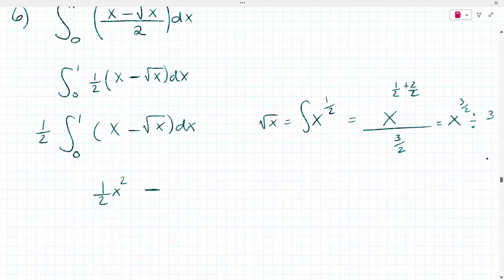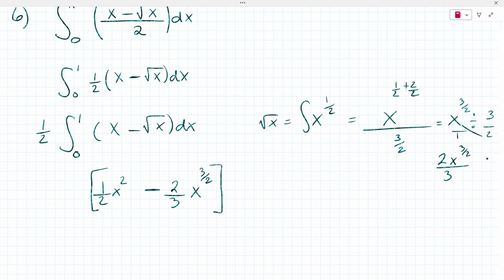And then just cross multiply, so that's 2x to the 3/2 over 3. Okay, so this is going to be -2/3 x to the 3/2. And now we're going to apply the fundamental theorem.